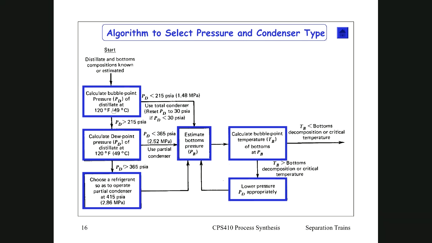Right. If that pressure that you work out at 49 degrees C is greater than 1.5 megapascals, then you calculate the dew point of the distillate, and if that dew point is less than 2.5 megapascals, and just remember this sort of number, 2.5 megapascals and 2.8 megapascals, 25 bar, 28 bar.